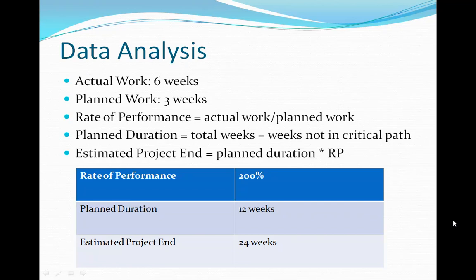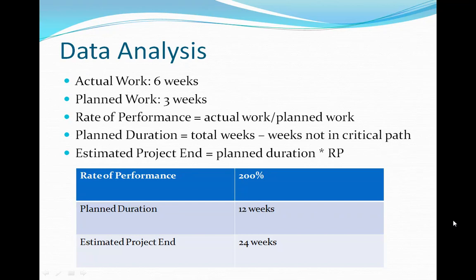Before calculating budget overrun, it is important to calculate the planned duration and the estimated project end. The planned duration is the number of weeks for all of the activities in the project minus the number of weeks that are not part of the critical path. In this case, the sum of all activities minus activities C and G, which were not part of the critical path, was 12 weeks.